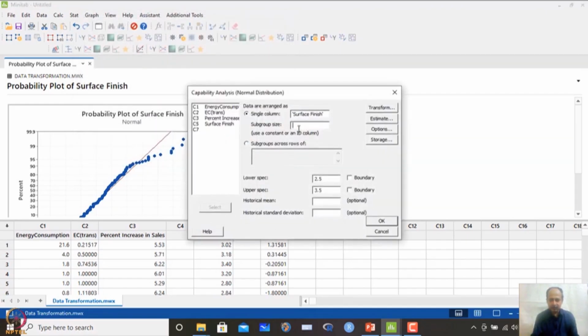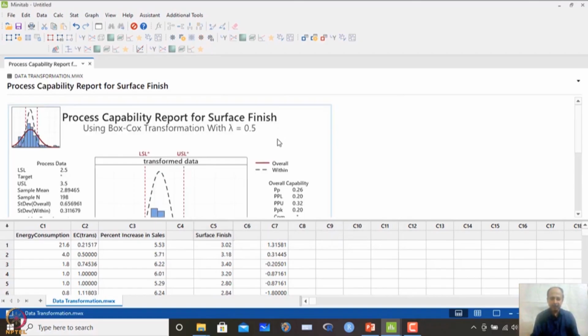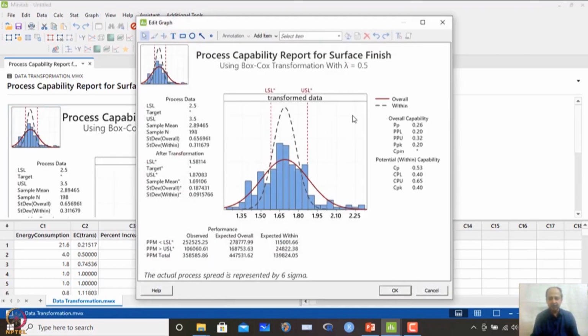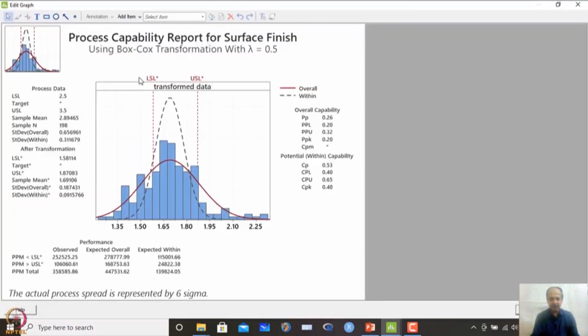Okay, the subgroup size I have not given. This is one thing that has to be mentioned here. So I click OK. This will give you the transformed data, USL and LSL. You can see it is written as transformed data. A Box-Cox transformation with lambda of 0.5 was used here. 0.5 means a square root transformation, basically y to the power 0.5, the square root of y.